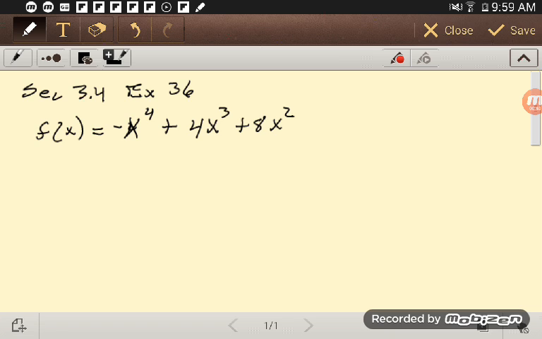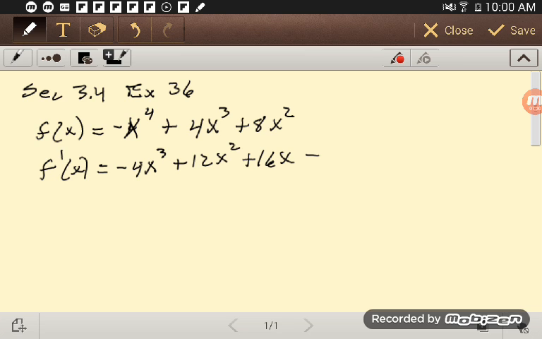Okay, we want to find all relative extrema. So take the derivative. The function's defined everywhere. So f prime is minus 4x cubed plus 12x squared plus 16x. Now we want to find all first order critical numbers, so we set that equal to 0.